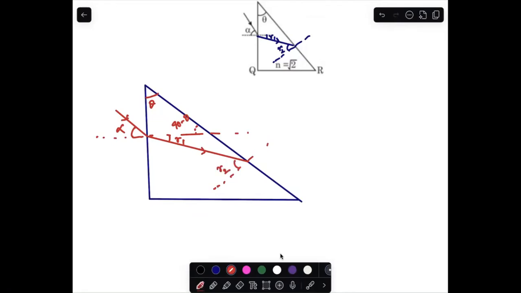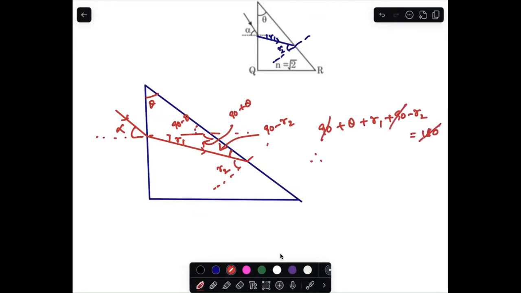Remember, this will become 90 minus R2. What is going to be this angle? 90 plus theta. So 90 plus theta plus R1 plus 90 minus R2 is 180.